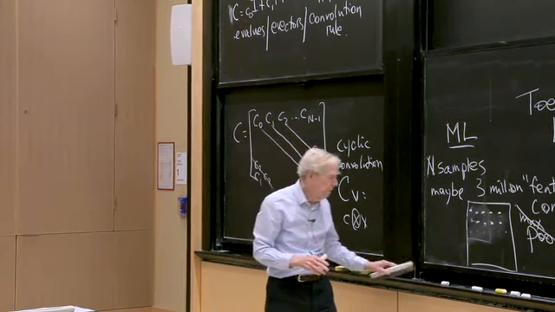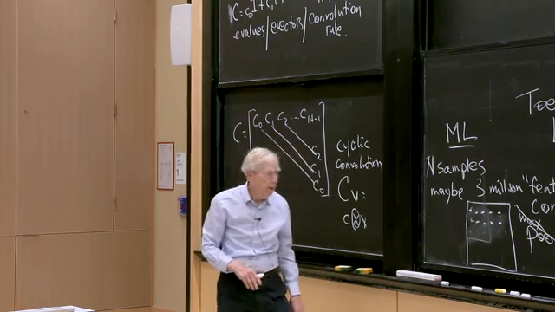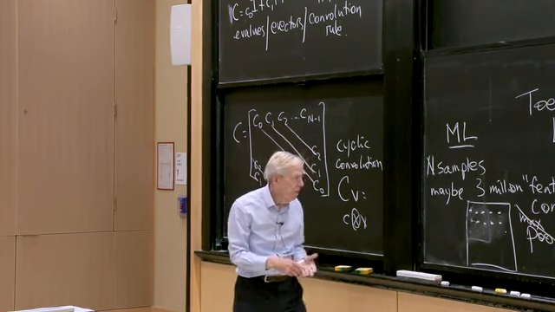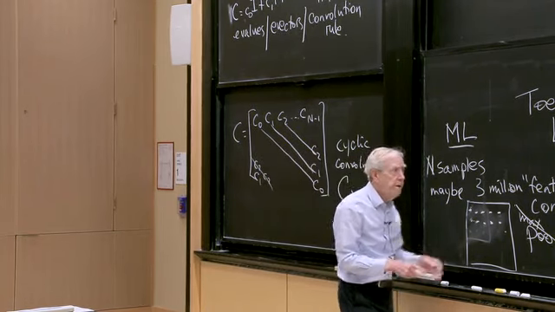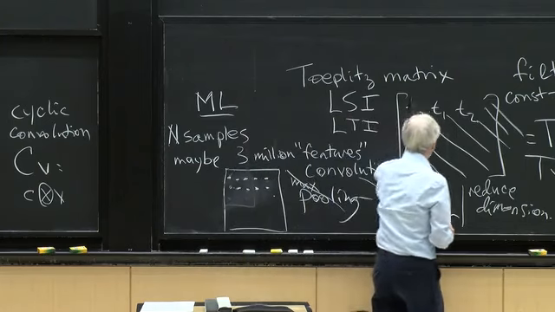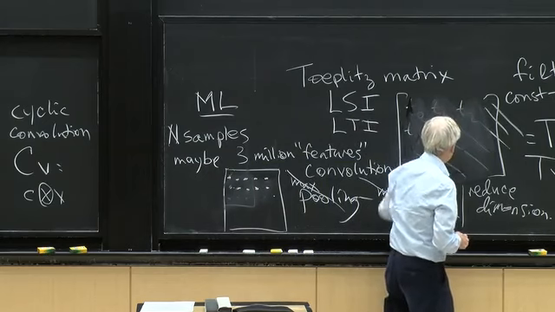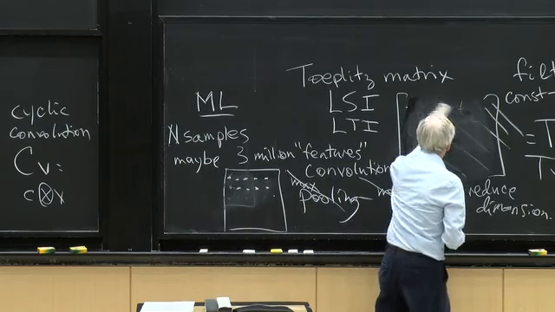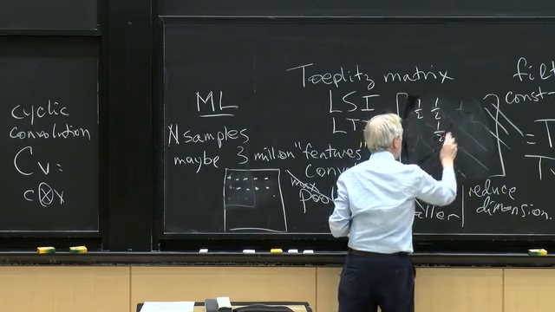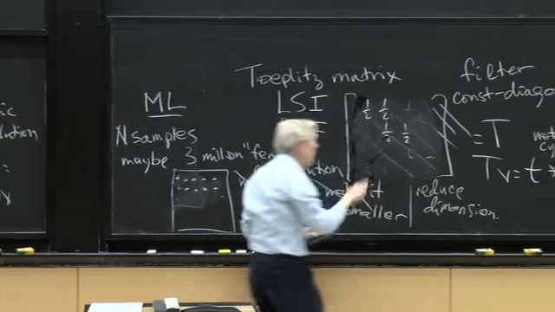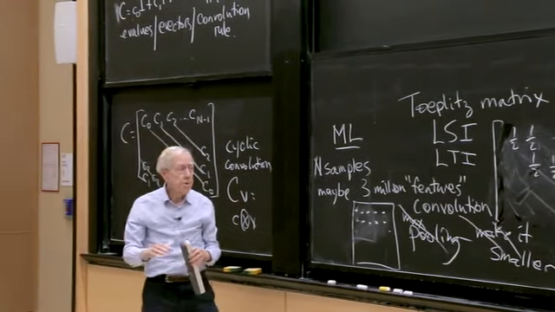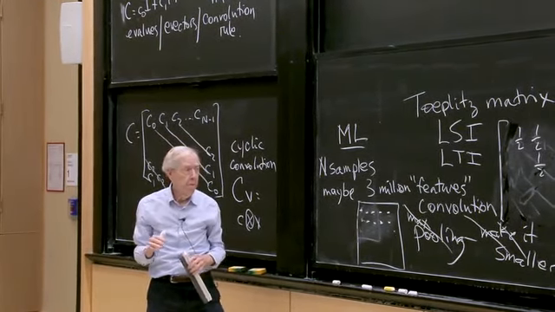If I wanted to get a simpler image, I would use a low-pass filter, which might be this filter here, with, let me just put in some numbers, say 1/2 and 1/2. So I'm averaging each pixel with its neighbor just to take out some of the high frequencies.